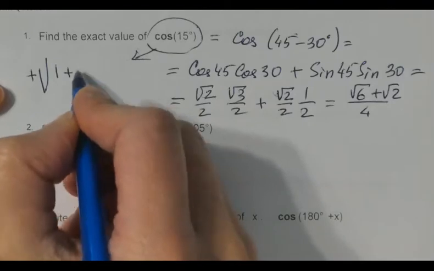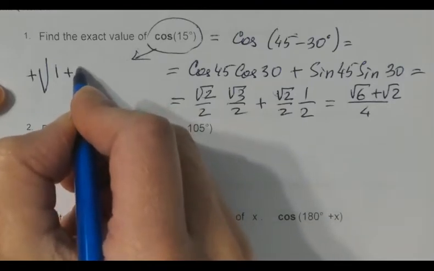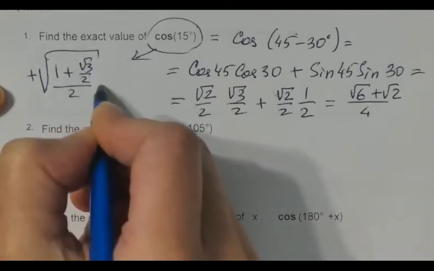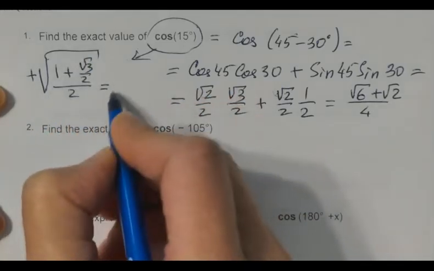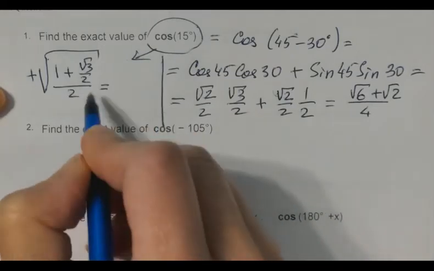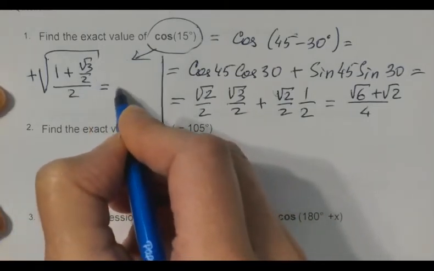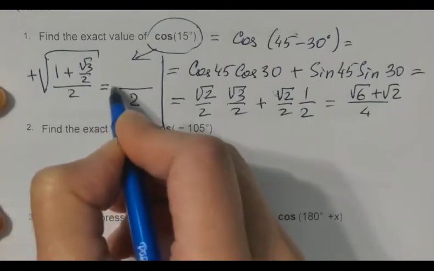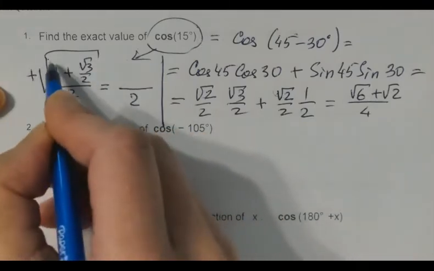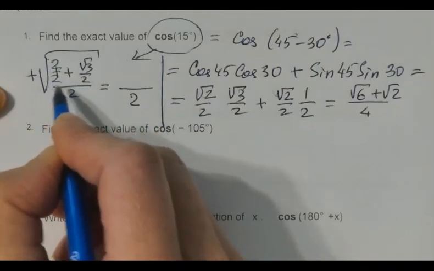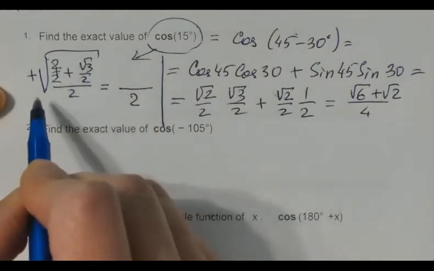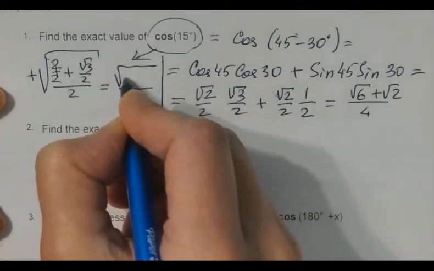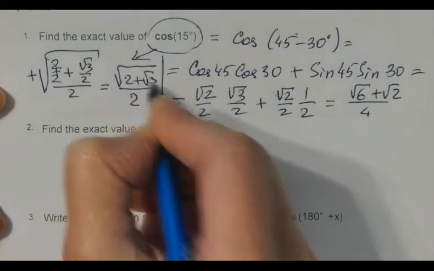Cosine of 30 degrees is square root of 3 over 2, divided by 2. If you write this fraction with the same denominator, you will get 4 in the denominator. Square root of 4 is 2. And in the numerator, if you represent 1 as 2 over 2, you will get 2 plus square root of 3. So in the numerator, square root of 2 plus square root of 3.